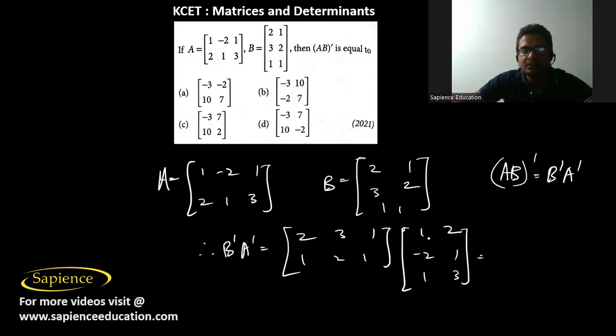Okay, so this is a matrix of the order 2 cross 3, and this is 3 rows 2 columns, so 3 cross 2. So the answer will come 2 cross 2.